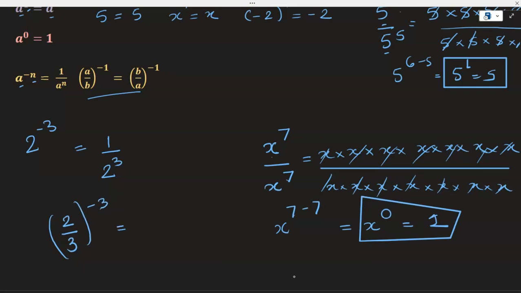We can apply the same law and consider this as a single number. What does the law state? If you want to convert this power to positive, just take the reciprocal of the base. Here the base is 2 by 3, and its reciprocal is 3 by 2, and you can write your power as positive.